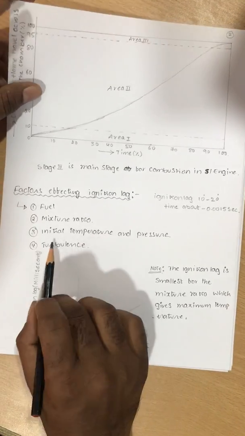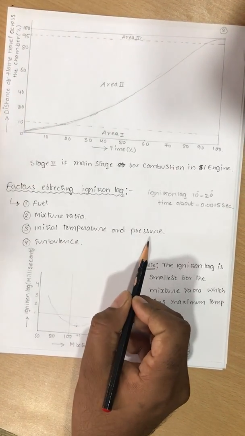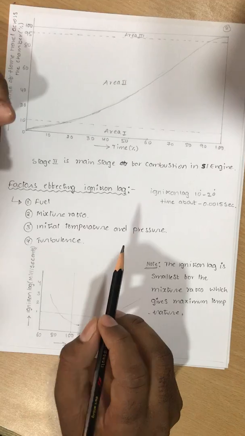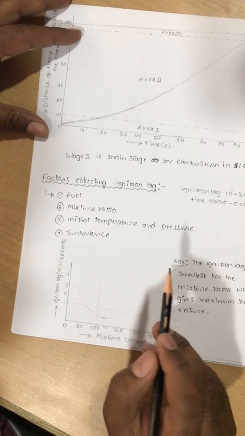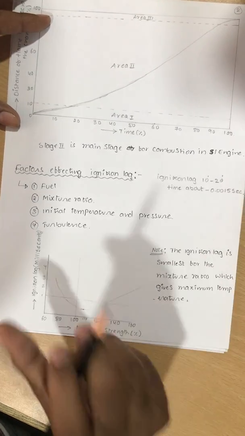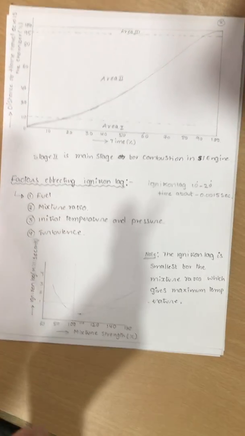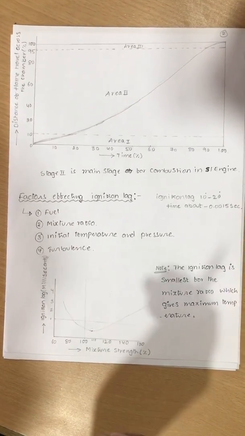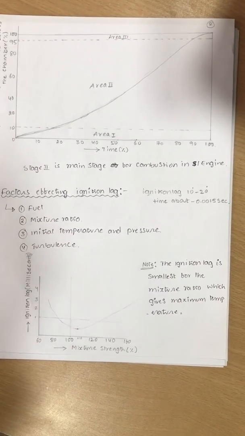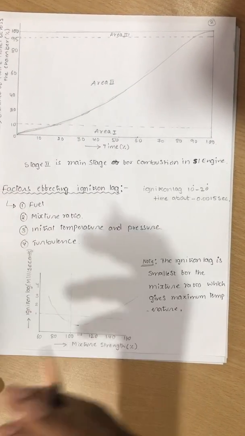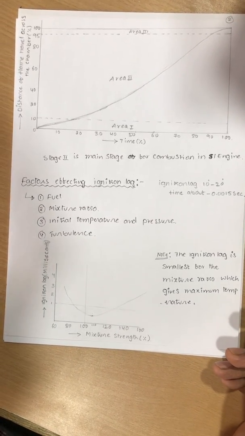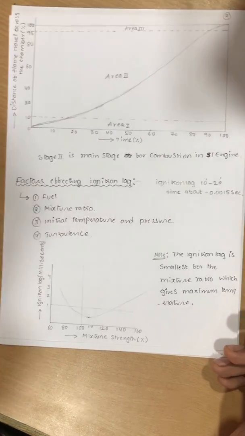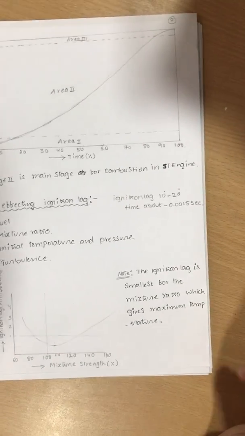Now the third one is intake temperature and intake pressure. Chemical reactions depend greatly on temperature and slightly on pressure. The rate of chemical reactions is small at low temperatures. When the temperature inside the cylinder is low, the chemical reactions are slow, and they increase with an increase in the temperature inside the combustion chamber. Faster chemical reactions occur at high temperatures.